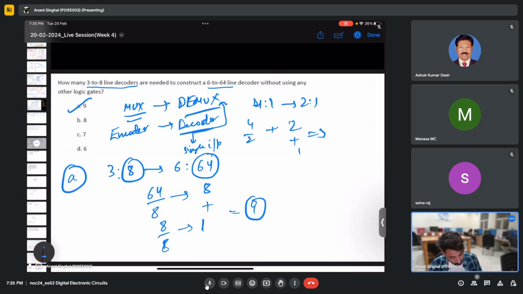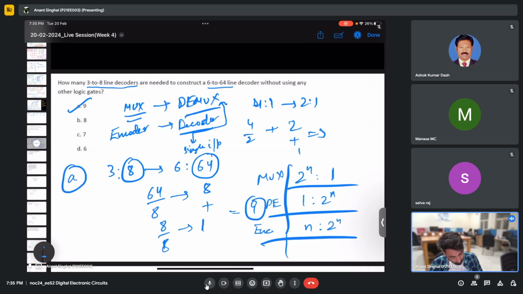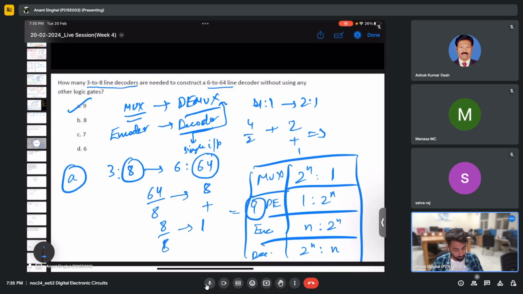So in mux we have 2 raised power n cross 1. In demux we have 1 cross 2 raised power n. In encoder we have 2 raised n cross n. And in decoder we have n cross 2 raised power n. Is it clear, this particular table? This is the input output basically.